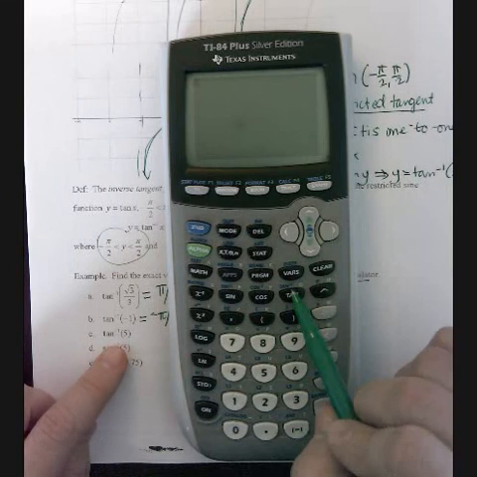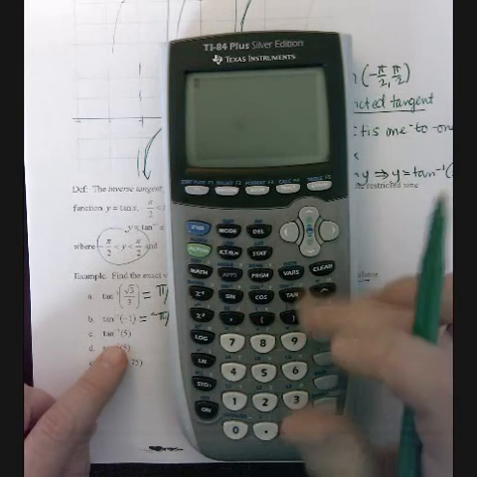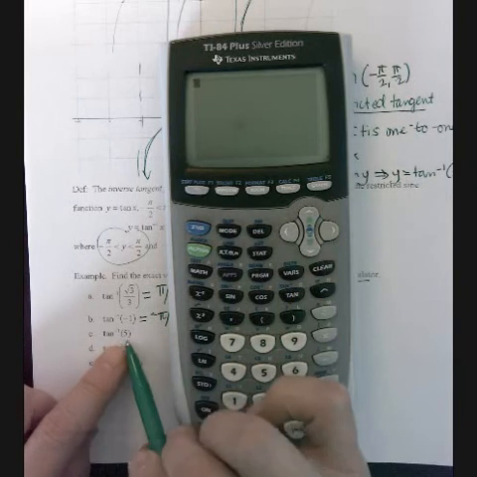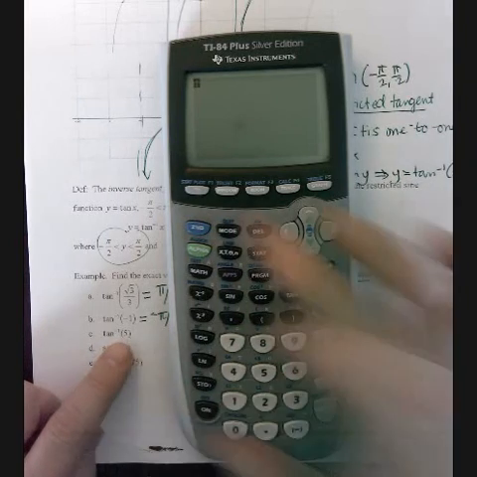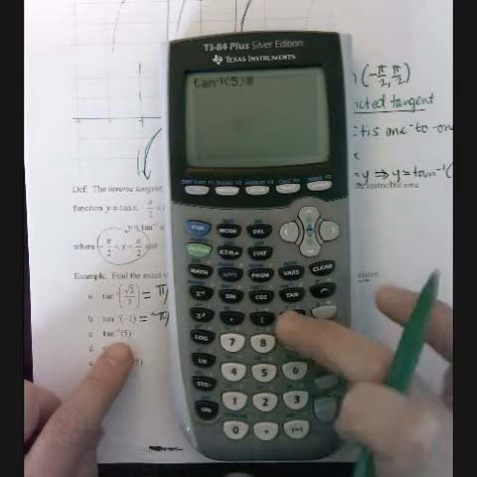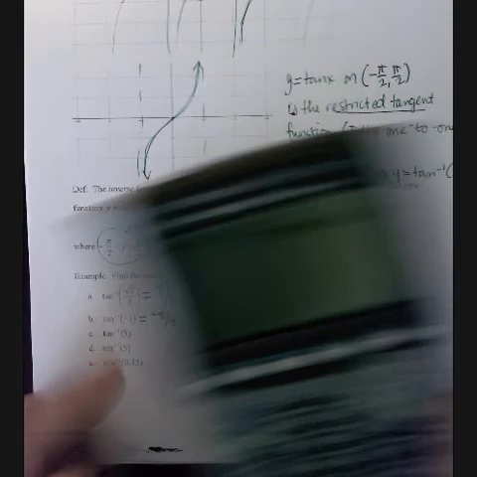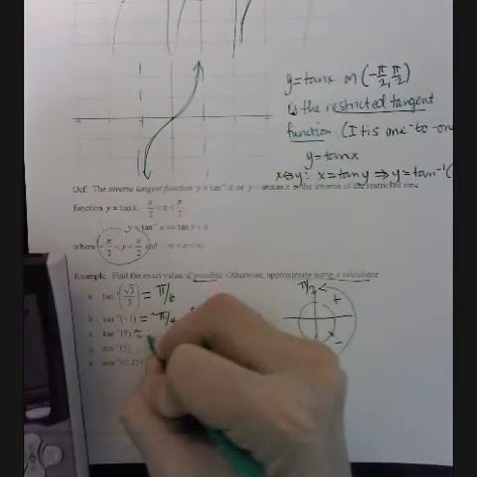So we want to use tangent inverse. That's not 1 over tangent. That means what number has a tangent that's equal to 5. So tangent inverse of 5 is approximately, let's just approximate to 3 places, 1.373.